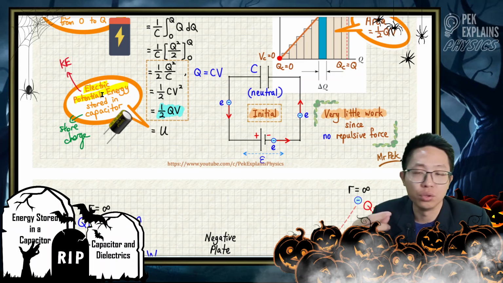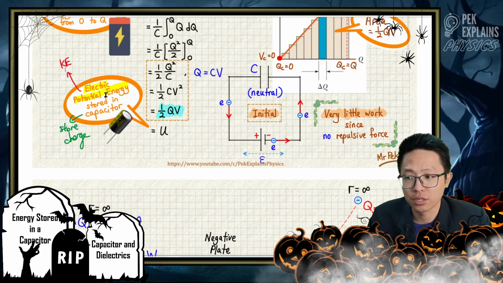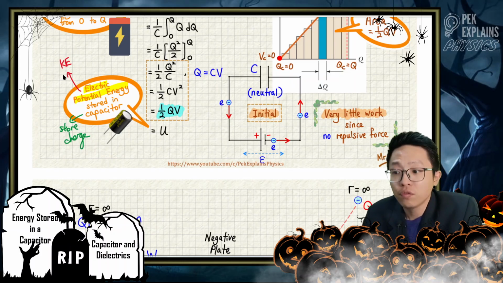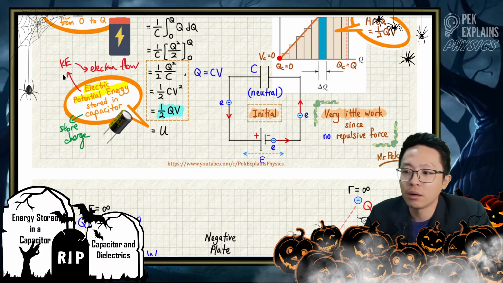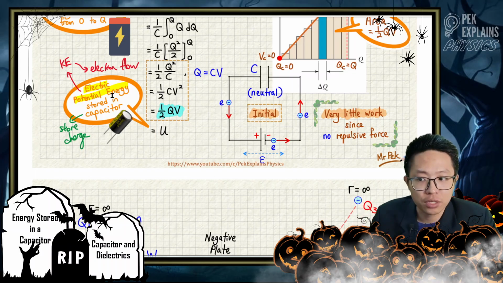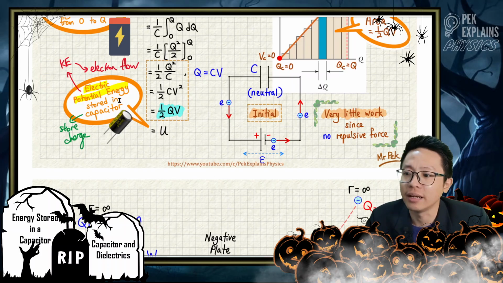When you start to discharge a capacitor, the electrons start to flow in the circuit. This electric potential energy changes to kinetic energy to make the electrons flow. You understand that?